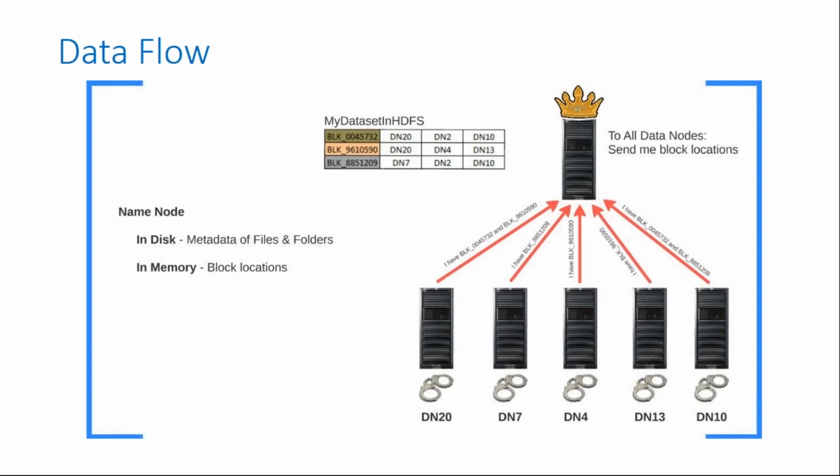So initially when we start, when these data nodes are looking for this name node, they're going to send all their blocks data to the name node, and it is going to construct a table in its RAM of all the block locations and start working on it. And also these data nodes continuously send heartbeat signals every 3 seconds to the name node.